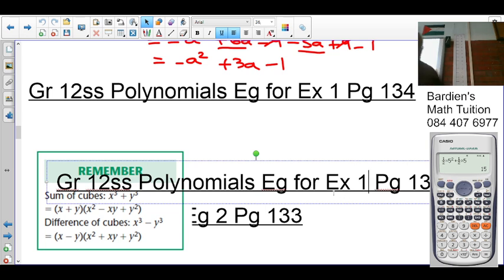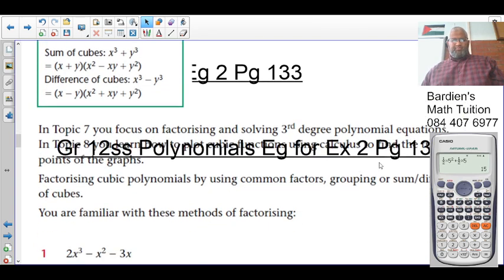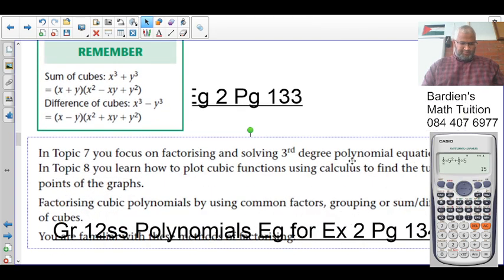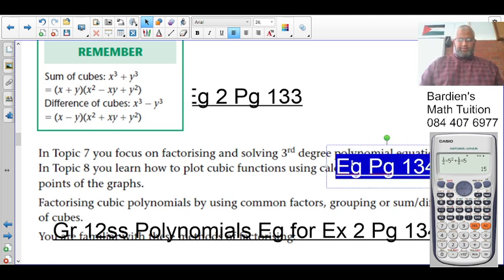Exercise 2 is on page 134. Okay. Exercise 2 is on page 134, and the examples are also on page 134.